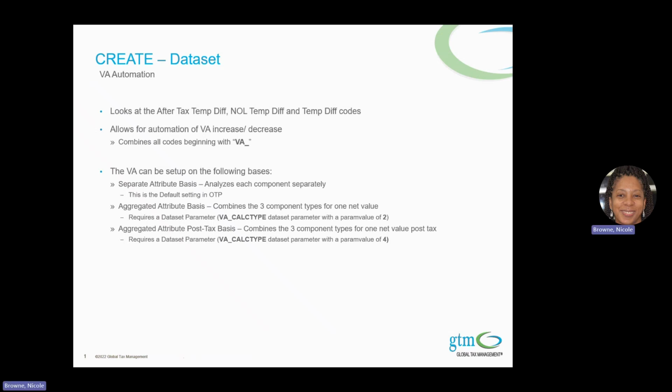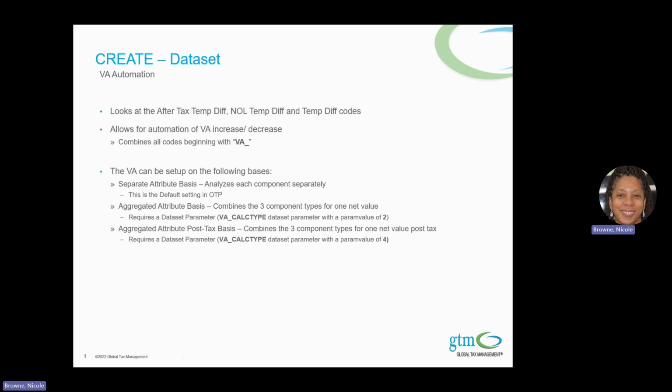It uses the VA_ code, and it will combine all codes beginning with VA. It looks at your after-tax temp difference codes, your NOL temp difference codes, and the pre-tax temp difference codes. So the default out of the system is to look at all of those individual pieces separately.